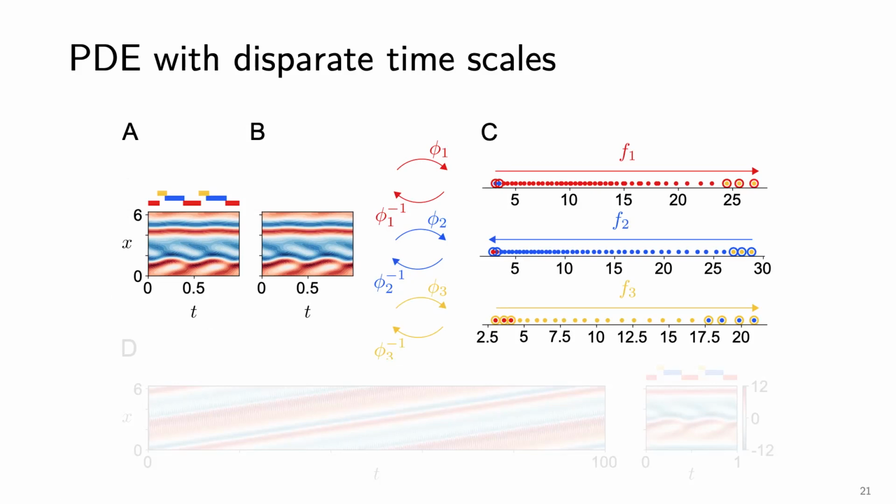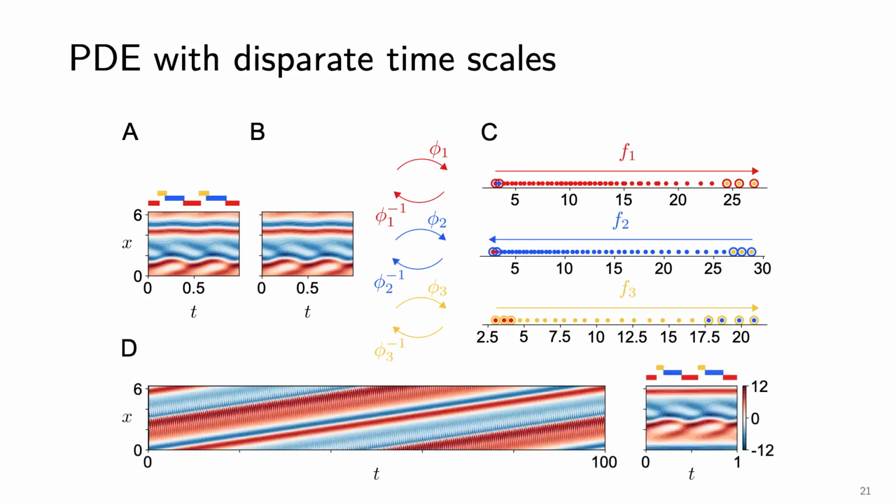And in panel B, that's showing the data reconstructed from the one-dimensional representation. Then in each of these low-dimensional coordinate systems, we learn the dynamics. And in the end, this is what we get. Again, we start with some initial condition and then evolve it forward in time using just our learned dynamical model.